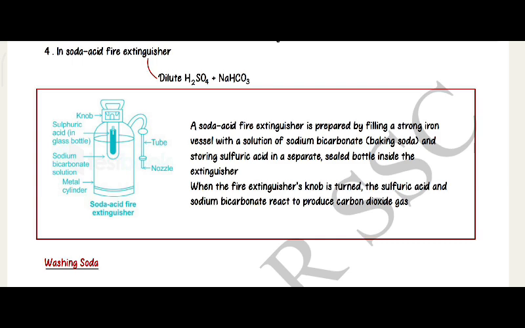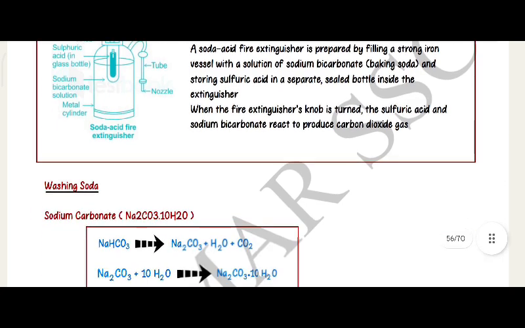A soda acid fire extinguisher is prepared by filling a strong iron vessel with a solution of sodium bicarbonate, baking soda, and storing sulfuric acid in a separate sealed bottle inside. When the knob is turned, the sulfuric acid and sodium bicarbonate react to produce carbon dioxide gas.